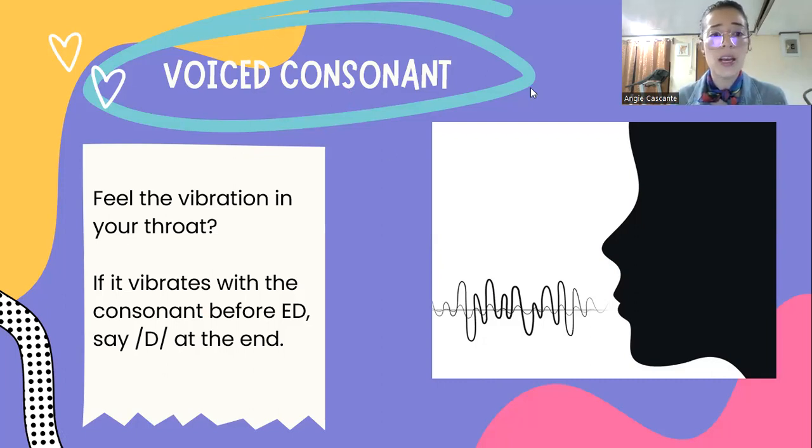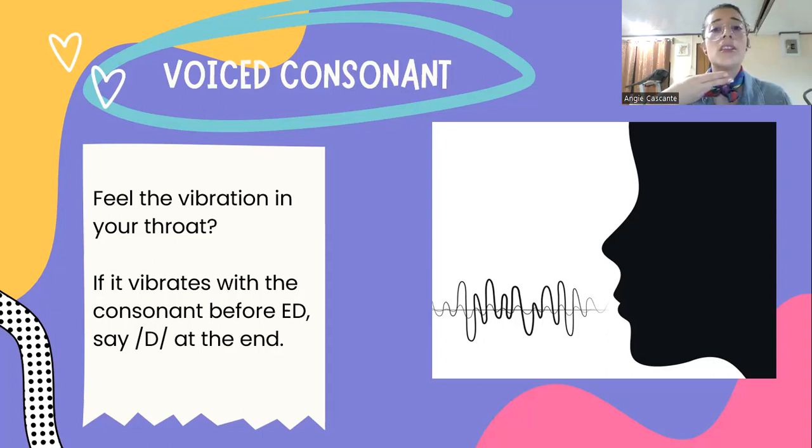So let's talk about a voiced consonant. A voiced consonant is that consonant or that letter that when you produce it, your vocal cords, the ones that are here, make a vibration, okay? A vibration, teacher? Yes, they do. For example, let's produce the M sound, okay?